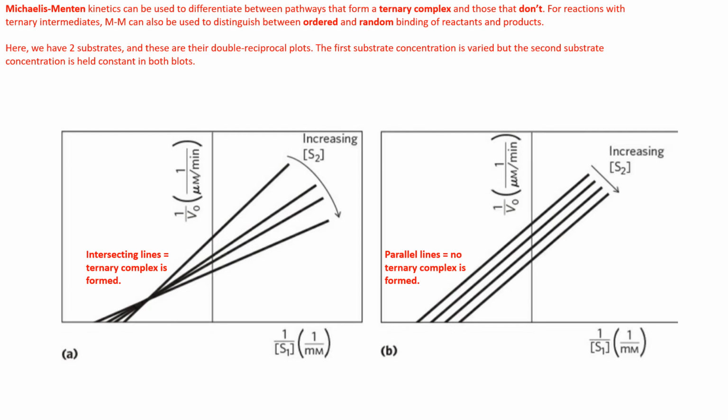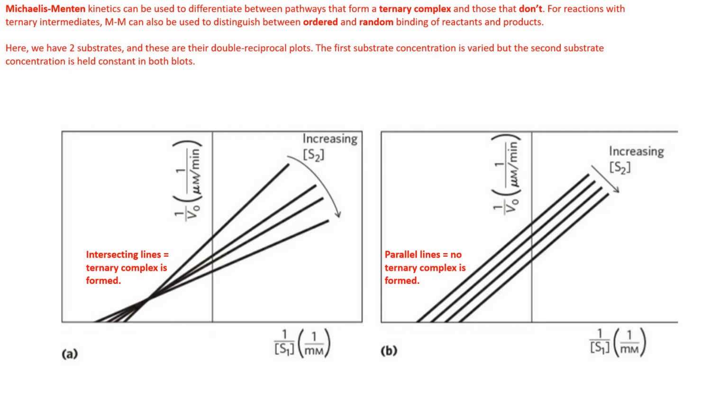The first substrate concentration is varied, but the second concentration is held constant in both plots. So here, on the y-axis, we have 1 over V naught in 1 over micromolar per minute. And on the x-axis, we have 1 over the substrate concentration in 1 over millimolar.